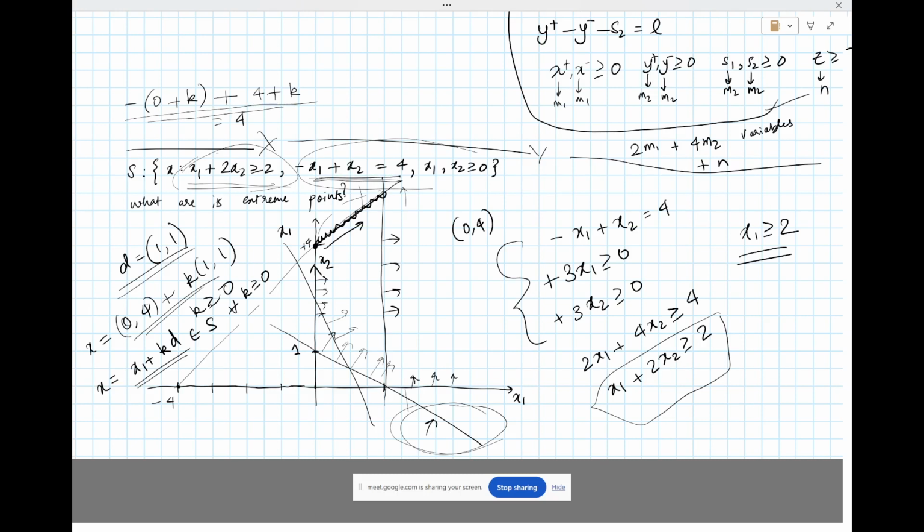Okay, got it. I should not reach x1, x1 is already here, no? So I wrote some x. So this is an extreme ray.